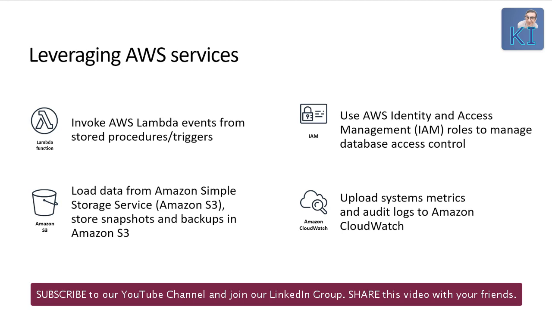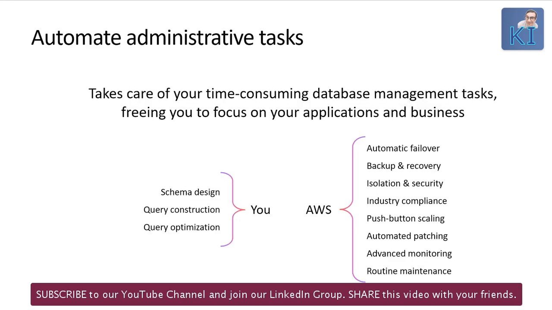You can also, of course, upload metrics and logs to CloudWatch. I think we understand this one already. You only need to worry about your schema design, your tables and other stuff. You don't need to worry about monitoring, increasing the storage and all such things. The good thing with Aurora is you never have to specify the storage.